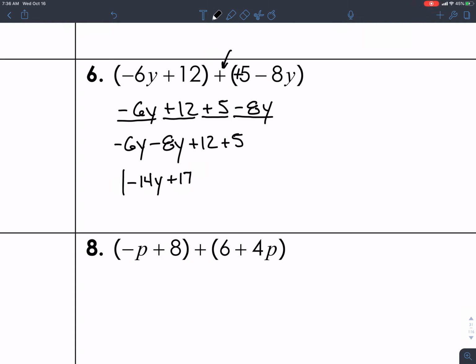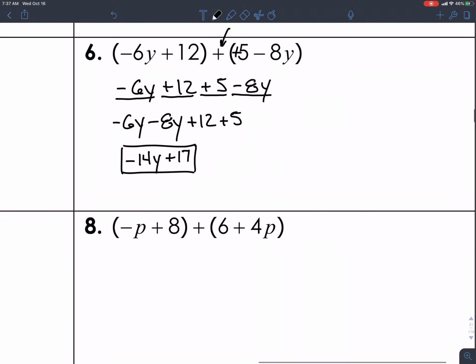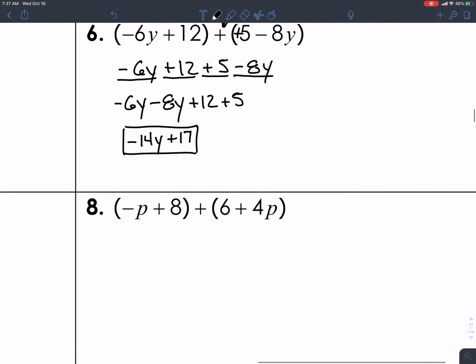And that's my answer. Done. There's nothing else I can combine. There shouldn't be more than one of the same letter in your answer. If there were 2 y's left somewhere, another term with a y, then I'm not done. All your like terms need to be combined.